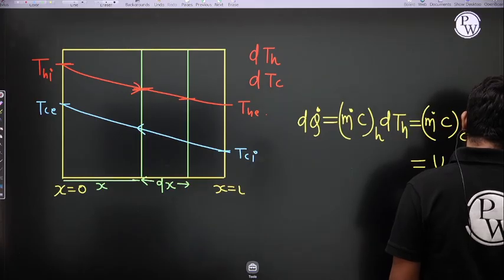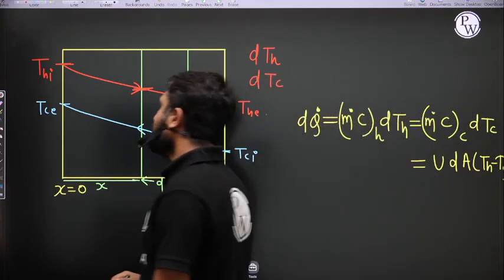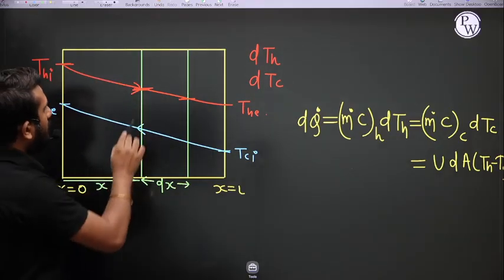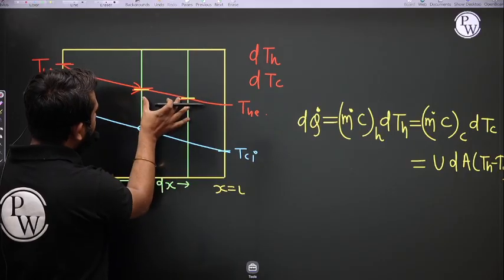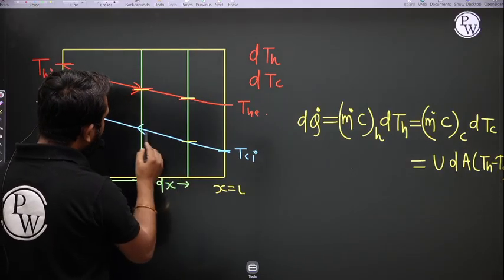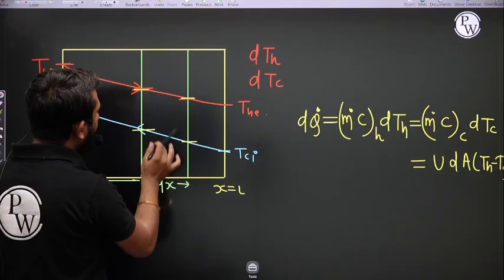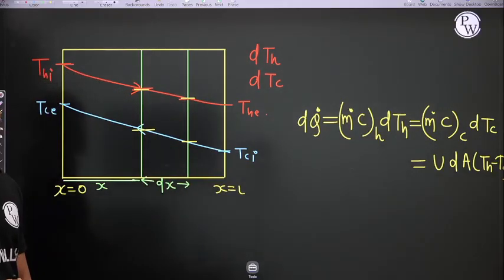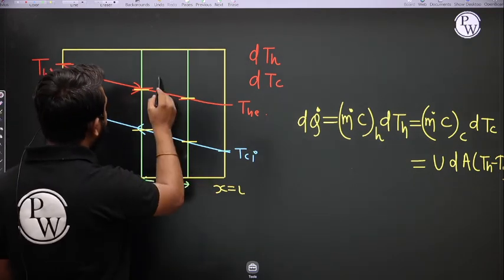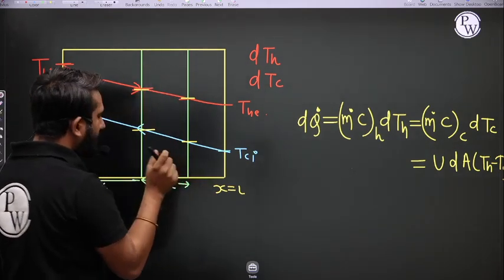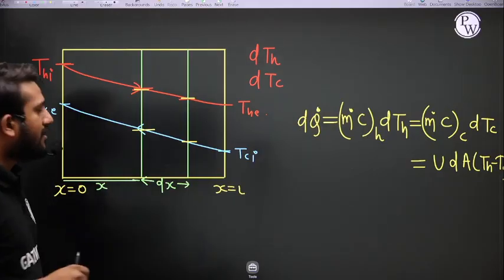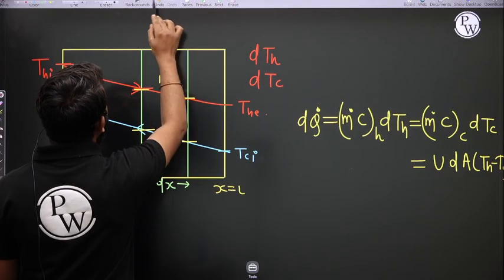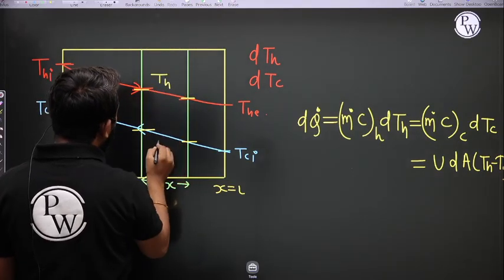What is the temperature difference between the hot fluid and the cold fluid for this small element? Hot fluid temperature difference is dTh, cold fluid temperature difference is dTc. But what is the difference between the hot fluid and the cold fluid at distance x? For this small element, dx is very, very small, so the hot fluid temperature is Th and the cold fluid temperature is Tc.